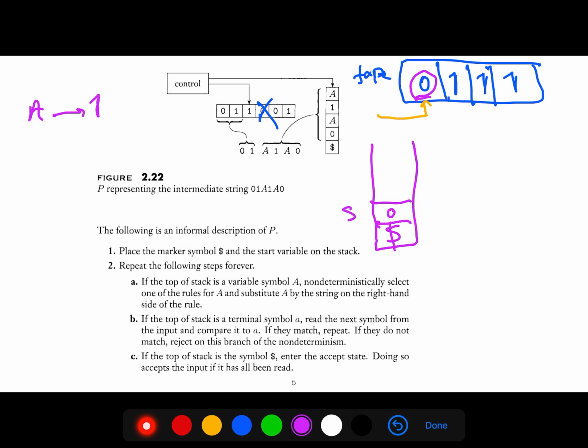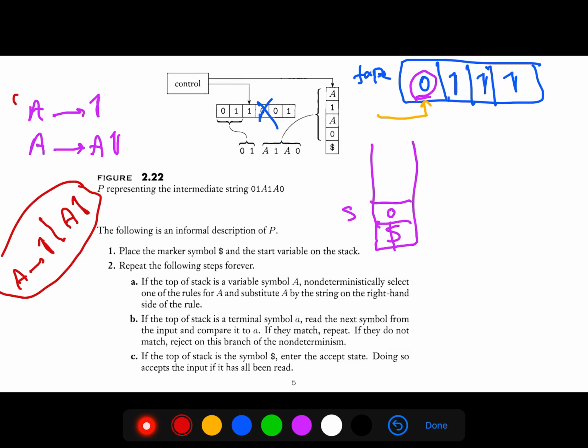And this is a non-deterministic push-down automaton, so there is another rule. A could be A1. If you have seen my playlist for context-free grammar, you may write this as A goes to 1 or A goes to A1. So this is another way to summarize this. So we have only 2 rules, rule 1 and rule 2.